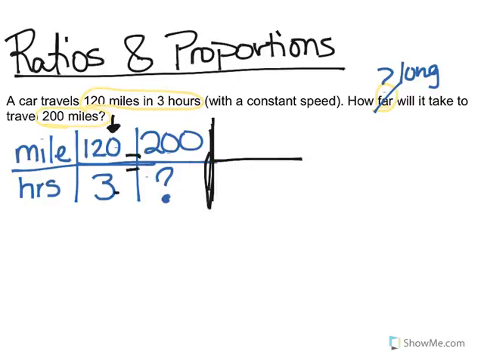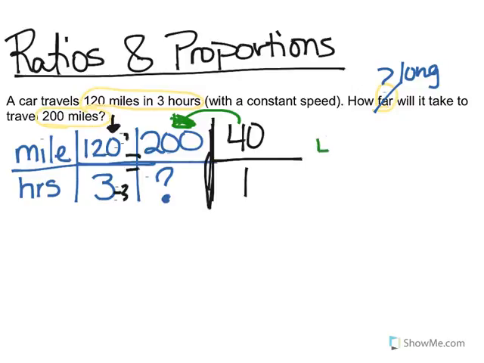120 and 3 can be divided by 3. So 120 divided by 3 is 40. 3 divided by 3 is 1. So I'm simplifying it. Now, my question mark's looking at my hours, so I'm going to look from my 40 to my 200. How can I go from 40 to 200 when I'm talking about multiplying in groups?